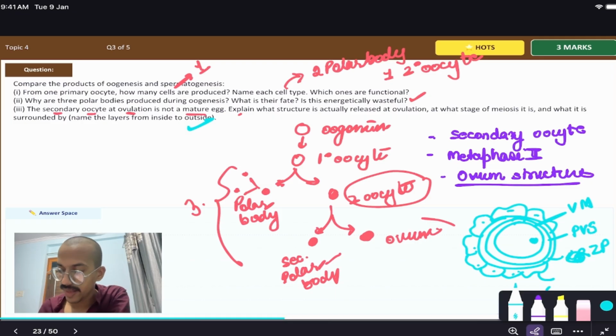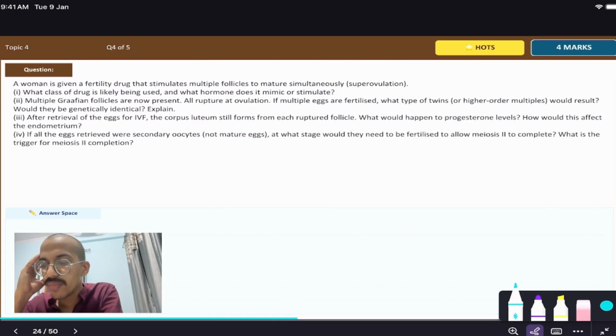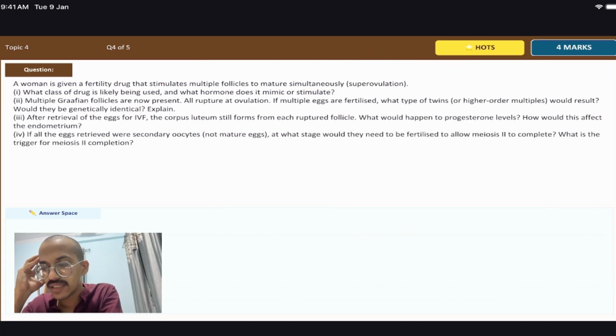Okay, next question. A woman is given a fertility drug that stimulates multiple follicles to mature simultaneously. What class of drug? First one is not in your syllabus. Second question, let's see that. Multiple Graafian follicles are now present, all ruptured at ovulation.